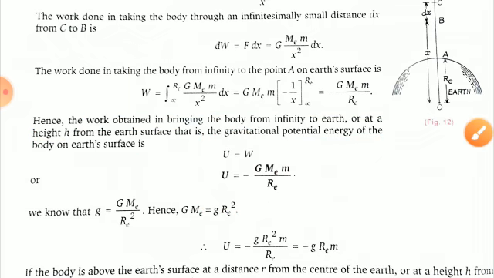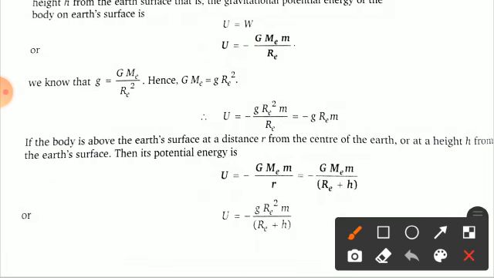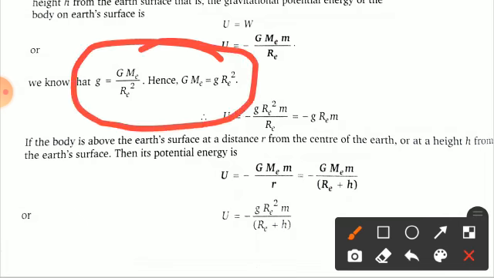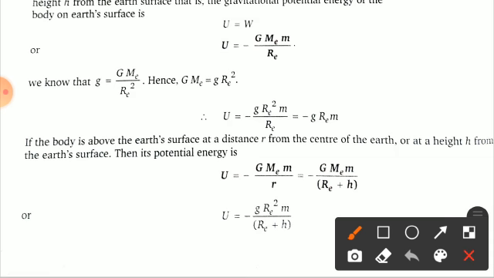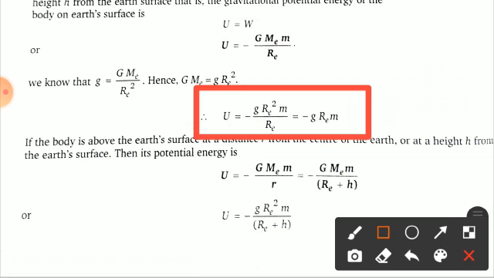Fine. And as you know very well, there is a relation between the acceleration due to gravity and the gravitational constant, this one. So from this relation we can also write G M_e equals g R_e square. So the potential energy at the surface of the earth changes to this form, minus g R_e into m.